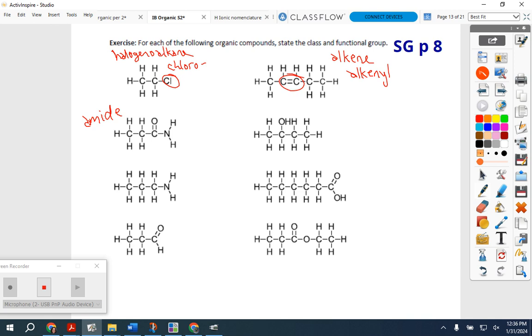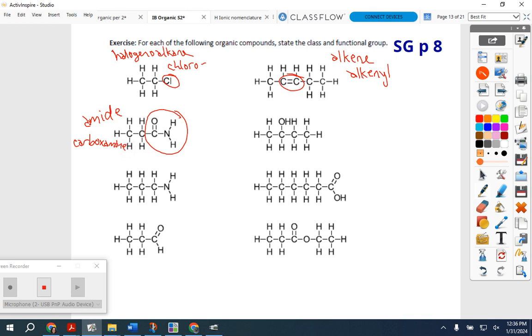And together, this whole functional group is, if I remember correctly, called a carboxamine. Is that right? I never name the functional groups when I'm thinking about them, so yeah. So that's going to be an amide.